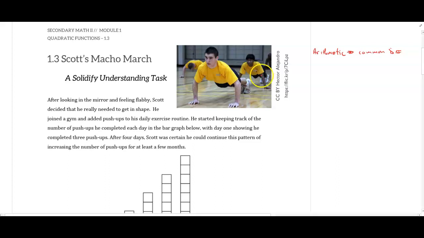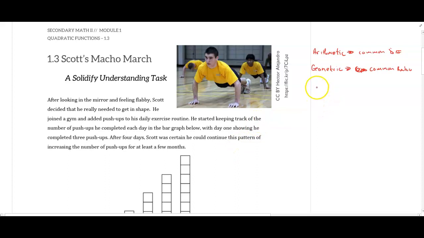Then we have a geometric sequence, which leads to an exponential function, and that has what we call a common ratio, meaning we're multiplying by the same amount each time.